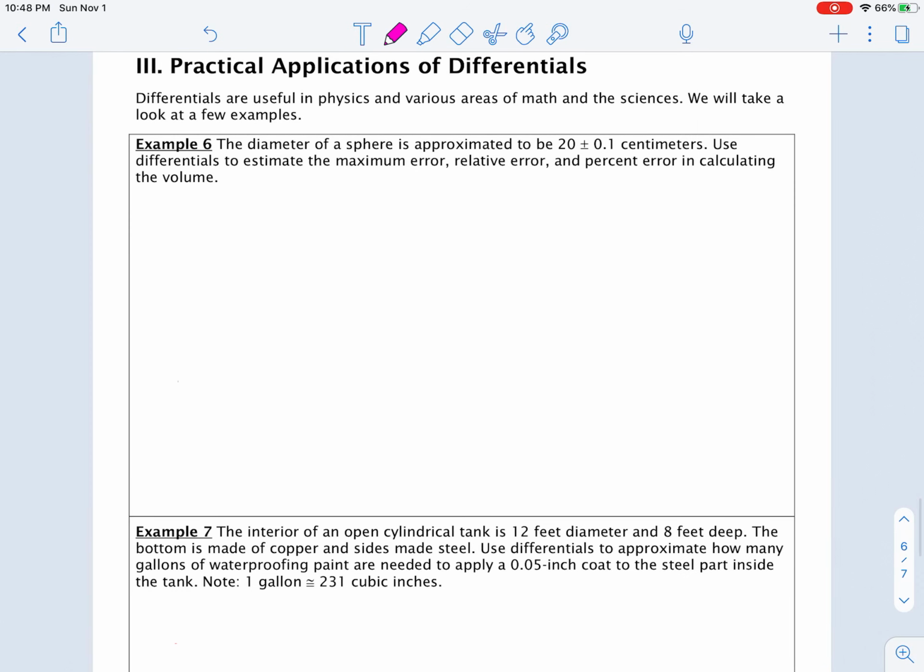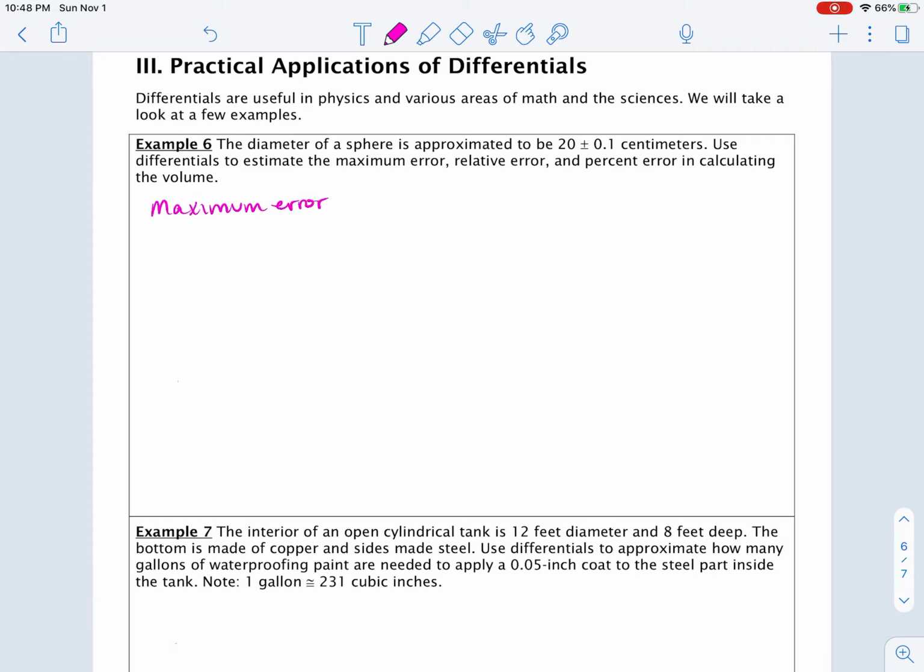All right. So moving on to some practical evaluations here. Practical applications of your differential. It says the diameter of a sphere is approximated to be 20 plus or minus 0.1 centimeters. Using differentials, estimate the maximum error, the relative error, and the percent error in calculating that volume.